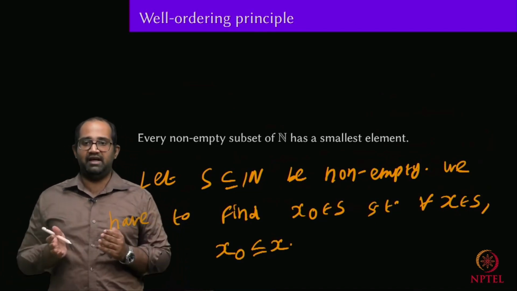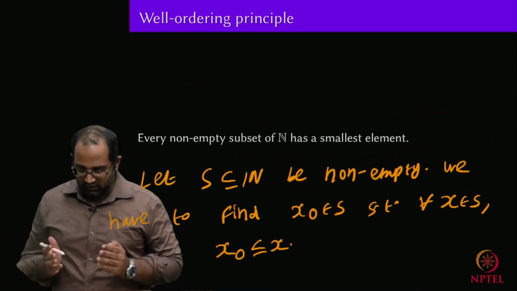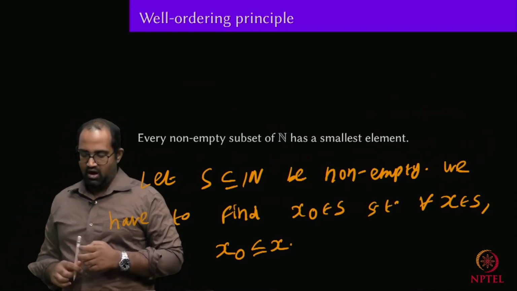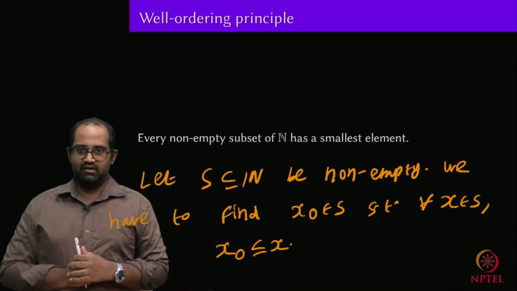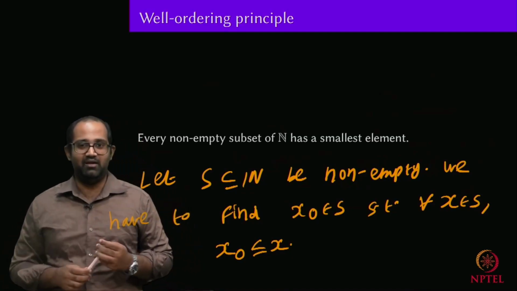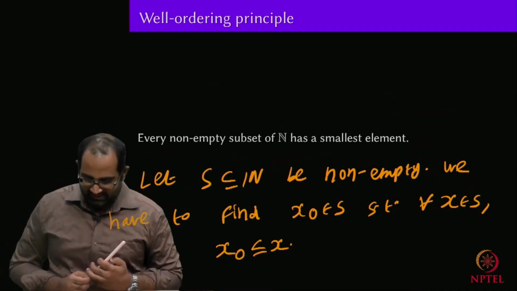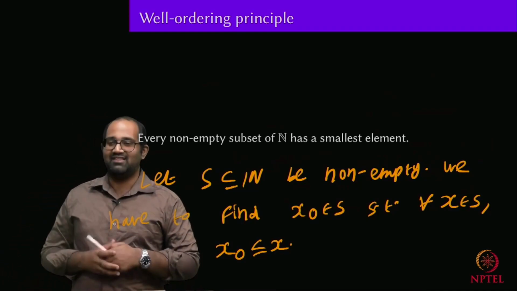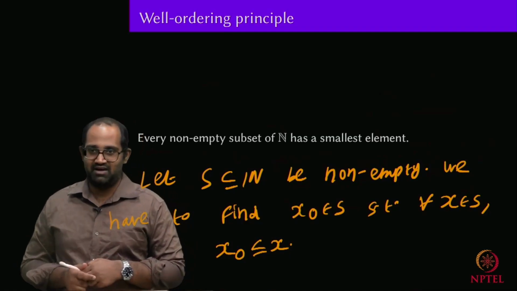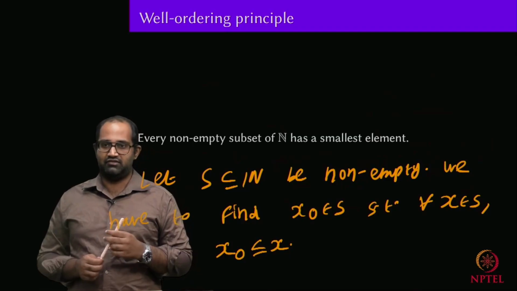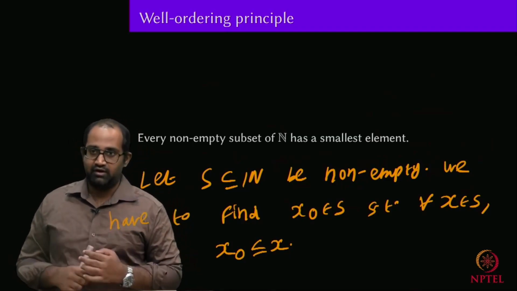This quantifies the fact that x naught is the smallest element in the set S. How do we prove something like this? Again, it must have dawned on you that we must use the induction principle, not only because that is the only characteristic feature of the natural numbers, but also because I already said that this is another reformulation of the induction principle.